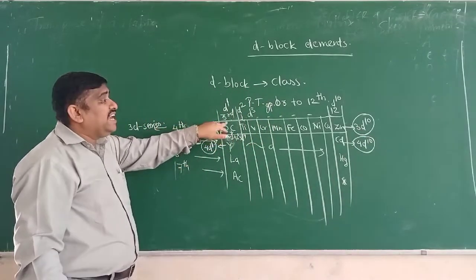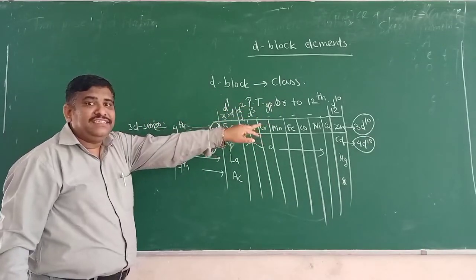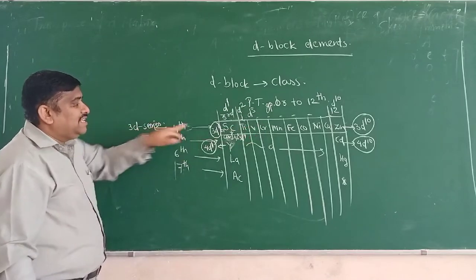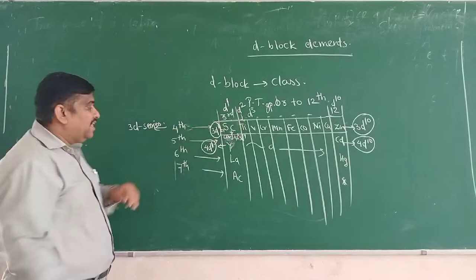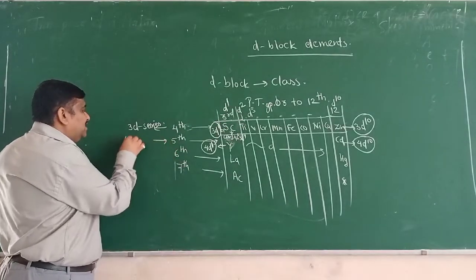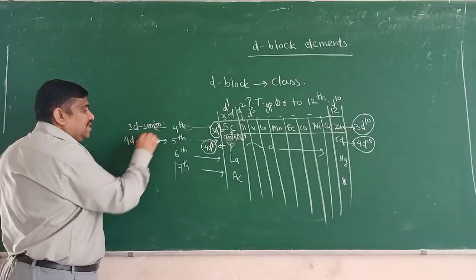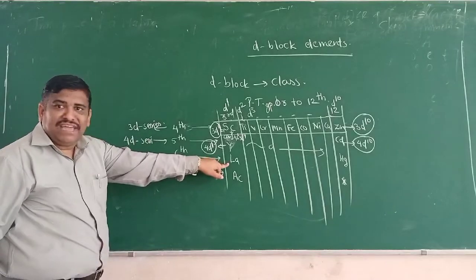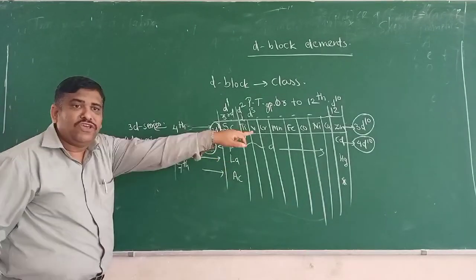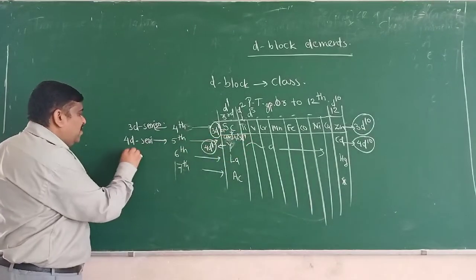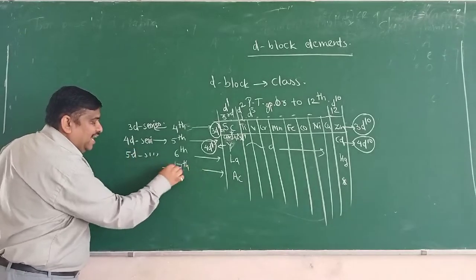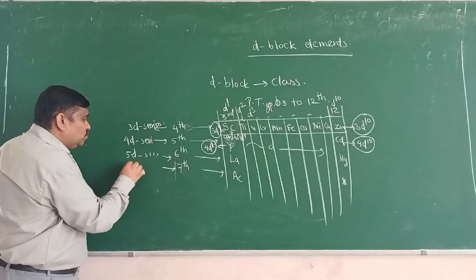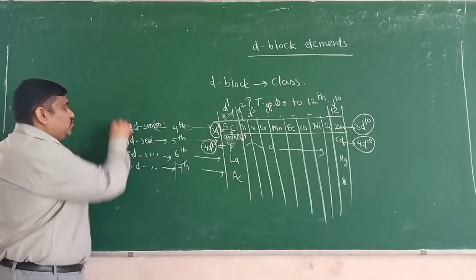Just as 3d1 to 3d10 is known as the 3d series, yttrium starts from 4d1 to 4d10, therefore it is known as the 4d series. Similarly, from lanthanum to mercury you get the 5d series elements. And the last one, actinium, belongs to the 6d series elements.